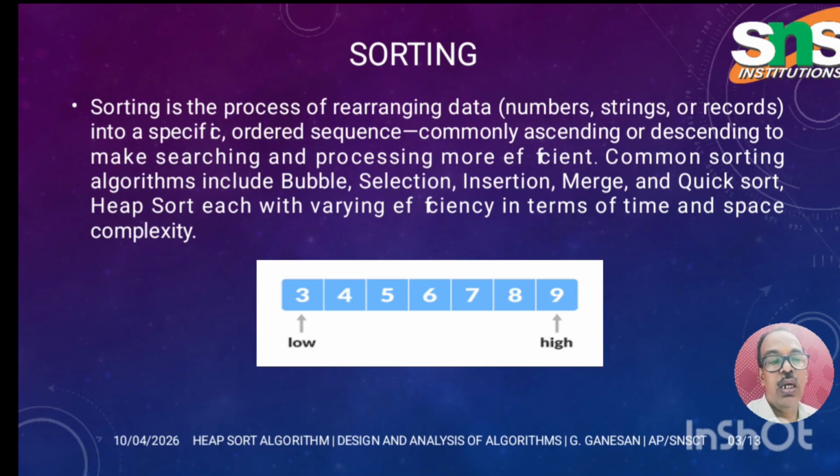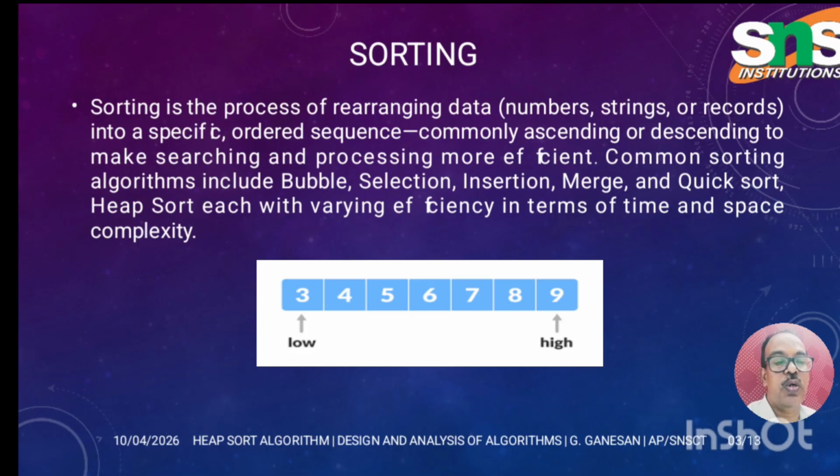For example, in your classes, you are arranged by your names in alphabetical order, starting from A, then B, C, D, like this. The register numbers are also assigned to you based on your name in alphabetical order. In the same way, we arrange numbers in either ascending or descending order.